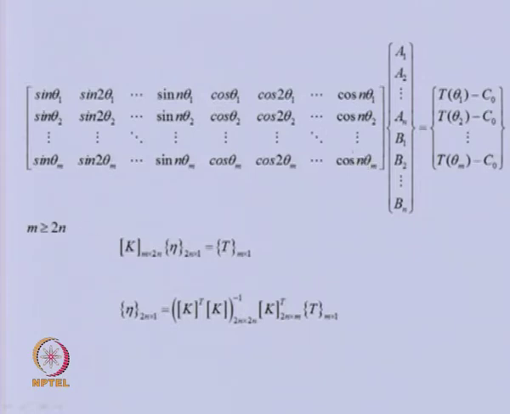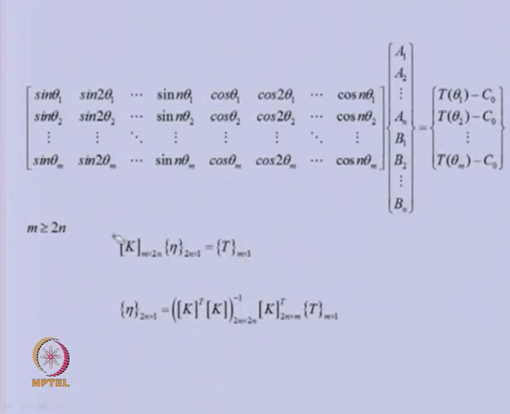This particular matrix I am writing as the K matrix. This unknown vector of A and B I am writing as nu, and this is the torque variation, for which we have information, I am writing as the T matrix. You can see these subscripts are representing the size of the matrices.